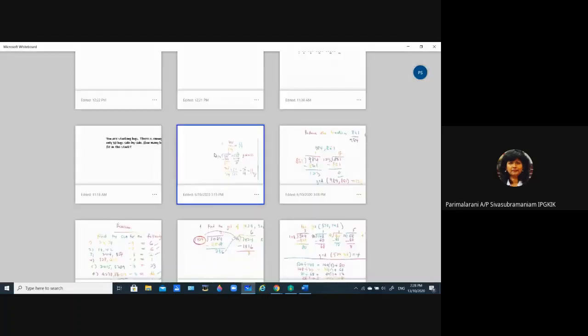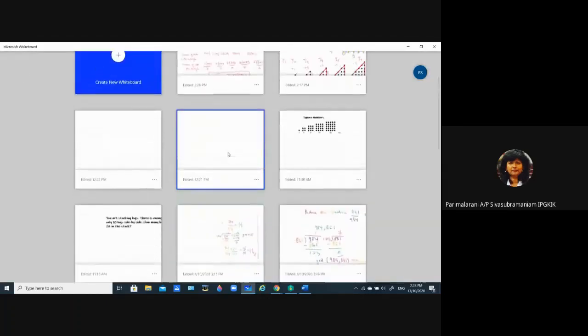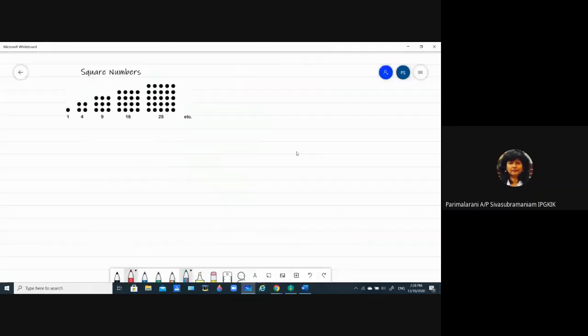Okay, so now let's go on to square numbers. Square numbers are polygonal numbers. Square numbers here begin with 1, 4, 9, 16, 25. What comes after 25? 36. So we have 1 and then we have 4 here. How many dots did we add from 1 to 4? 3.